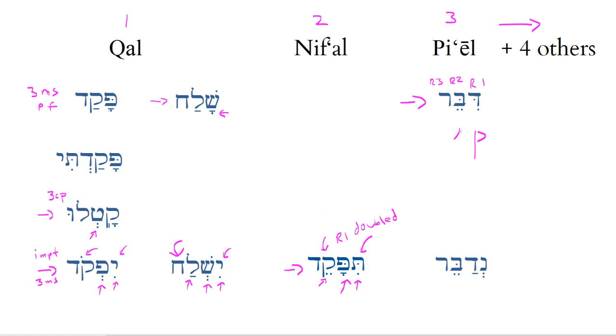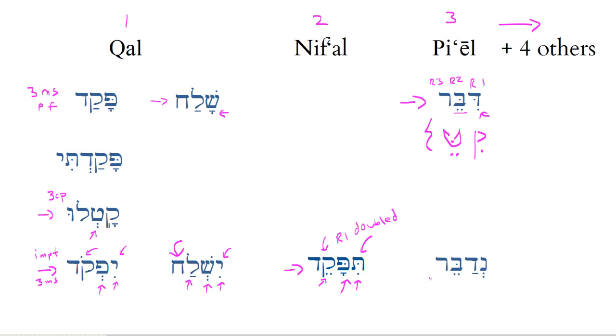I could have a similar piel perfect third masculine singular for a different root, qittel, and notice there's no doubling here. So the R1 vowel is hiriq, no doubling. The R2 letter, notice that there is R2 doubling because this tet comes after a full vowel, and so it has to be a dagesh forte. So we do have R2 doubling. That takes care of our box, and then on top of that we notice that there's a tsere theme vowel.